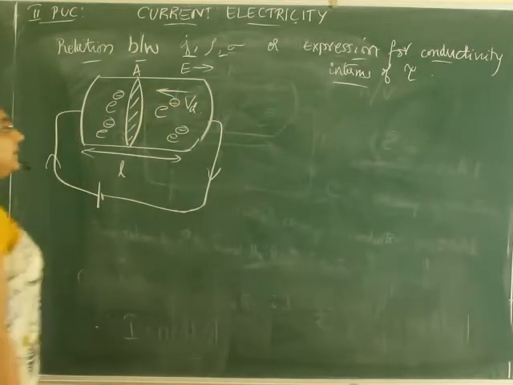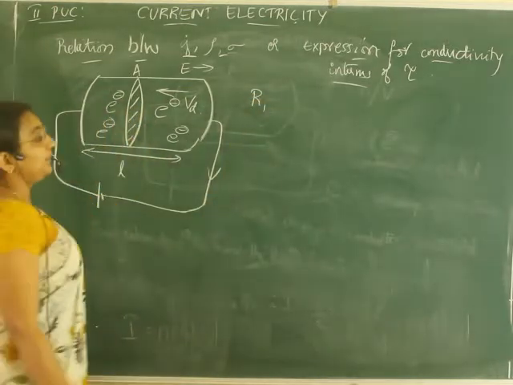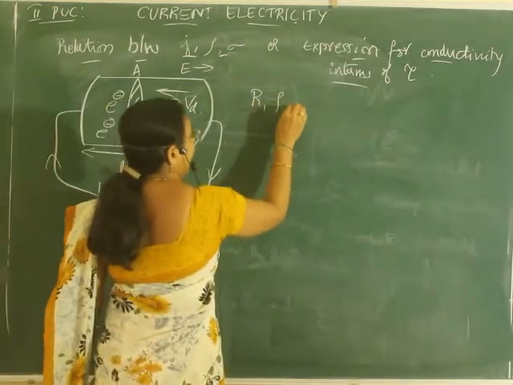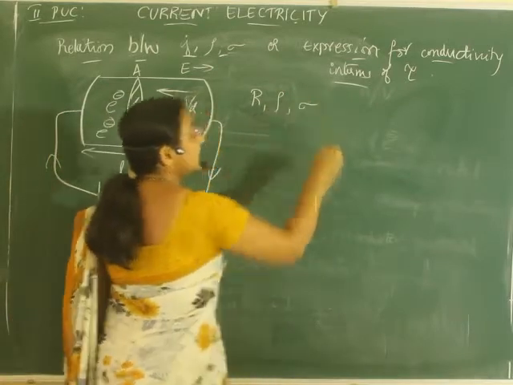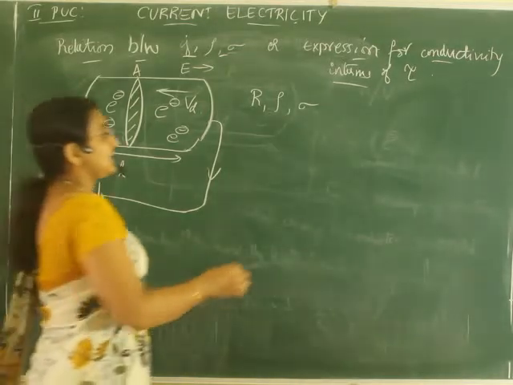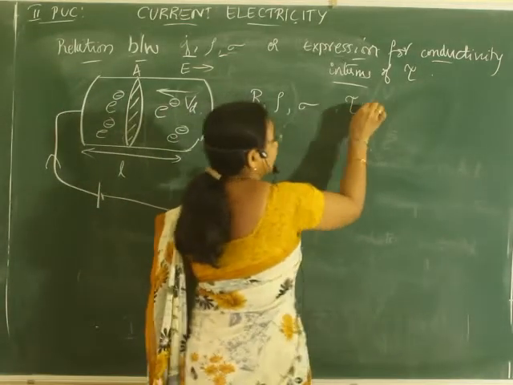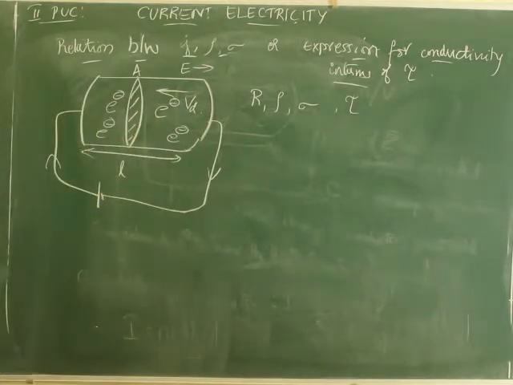Let R be the resistance of the conductor, rho be the resistivity, and sigma be the conductivity of the material. Anything else left out? Tau be the relaxation time, that is nothing but the time interval between two successive collisions.